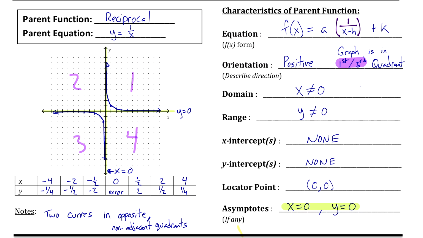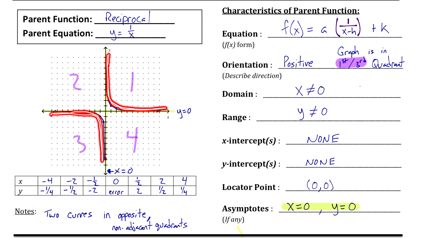So you'll notice at the bottom here I have x equals 0, which means that's this line that goes up and down. And it also has y equals 0, which is this line that goes across. So these graphs get really close to these asymptotes but never actually touch them.